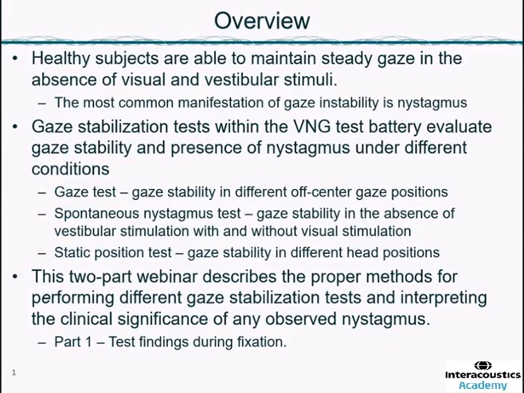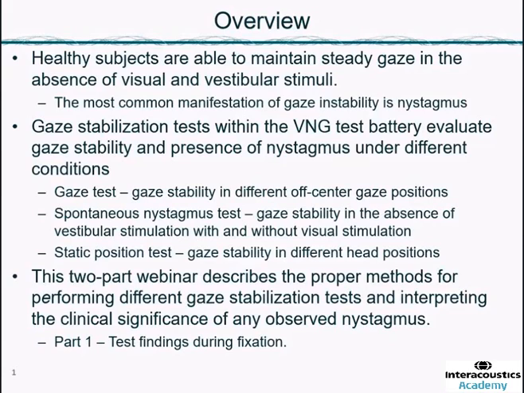It's off-center gaze positions. In the spontaneous nystagmus test, we look at the gaze stability primarily in the center gaze in the presence and absence of visual fixation. So you normally have part of the test where the patient has a target to fixate on, and a part of the test where the target is removed and the patient is placed in complete darkness.